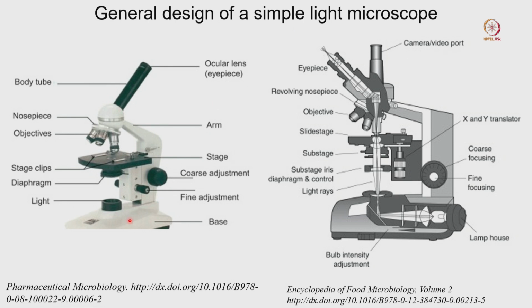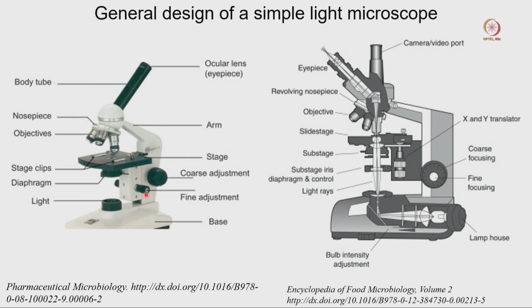Now any light microscope will have a base, and then there is an ocular lens or eyepiece, and then there will be three objective lenses. These objective lenses have different magnifications. Here we are combining the eyepiece and the objective lens to give the total magnification. Whenever required, we can change the objective lens and magnify from 10x, 40x, 100x, 1000x or 200x.